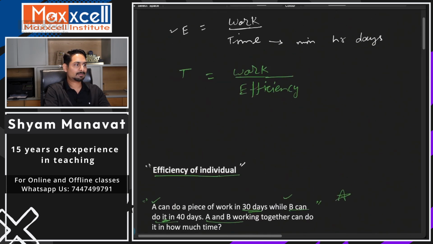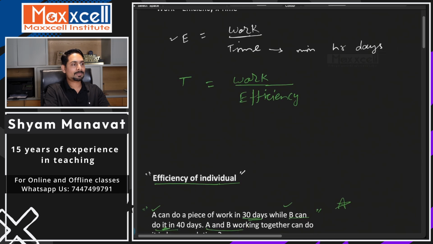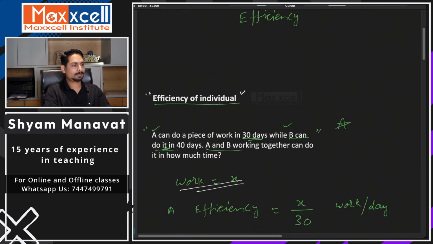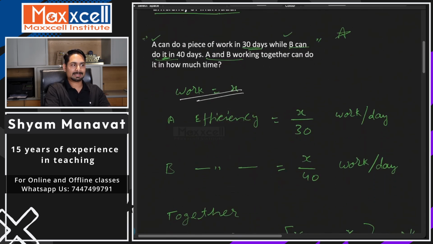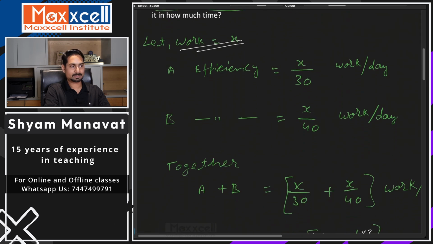Now what is the efficiency formula? Efficiency formula is work upon time. What will be the unit of efficiency? Unit will be work divided by the unit of time, right? Time formula will be work upon efficiency. Okay. So we assumed the work to be x. Now A's efficiency is work upon time, B's efficiency is work upon time.